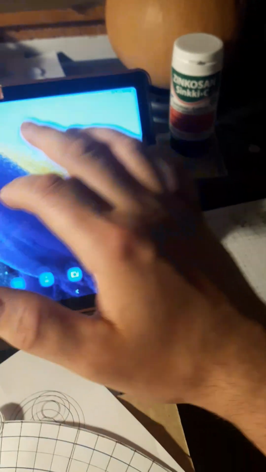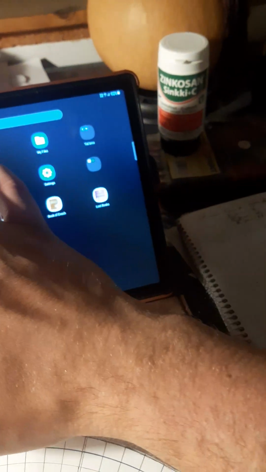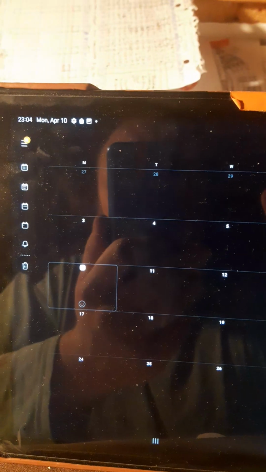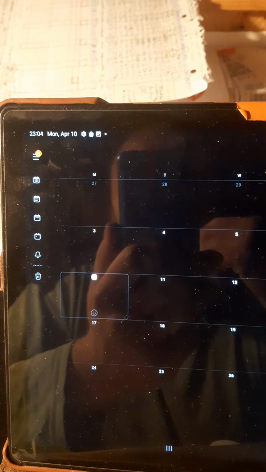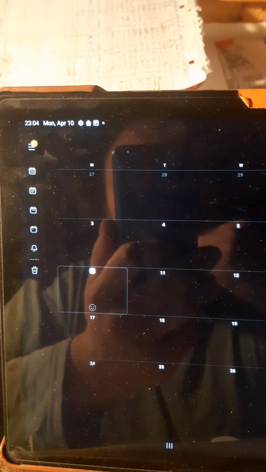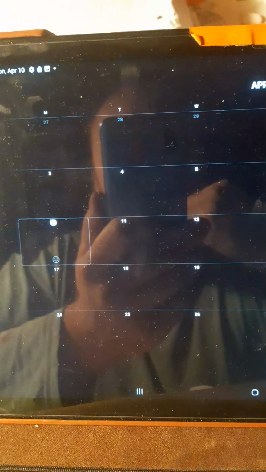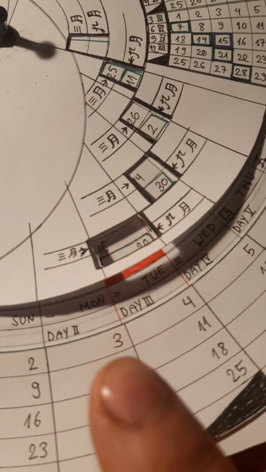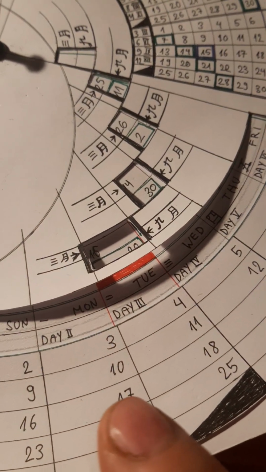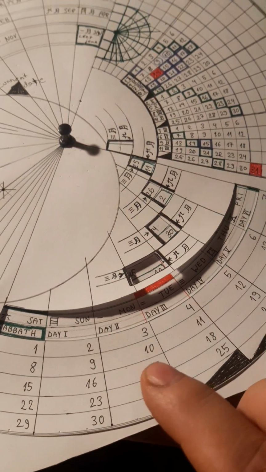So if I take out my calendar, this calendar shows we're on April, Monday, 10th of April, and in the second week. So if we look here, it should be Monday. As you can see, Monday, it is the 10th. It's the second week. And this is how you use this perpetual calendar.